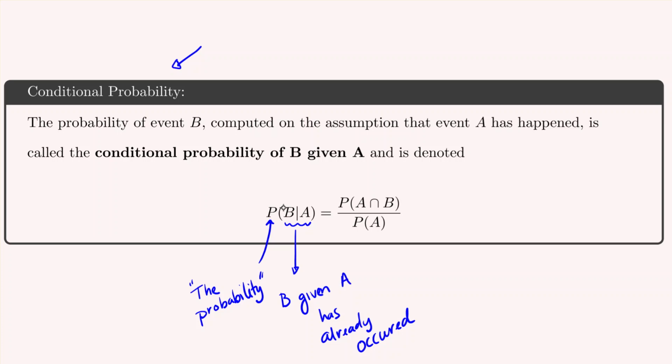And the probability that B would occur given A has occurred could be found as the probability that A and B occur divided by the probability of A. So notice the pattern here. The thing that has already occurred, we have to put its probability in the bottom of the fraction.